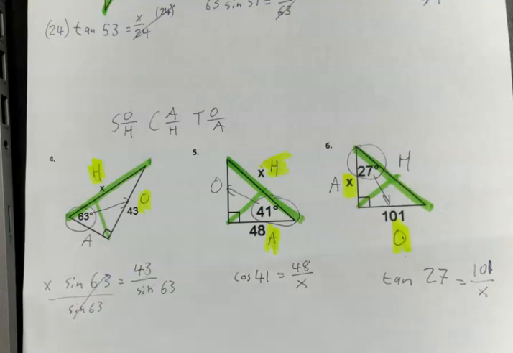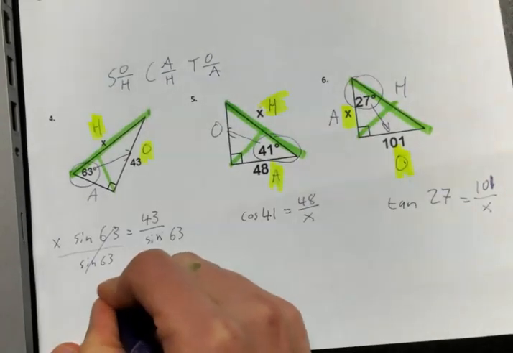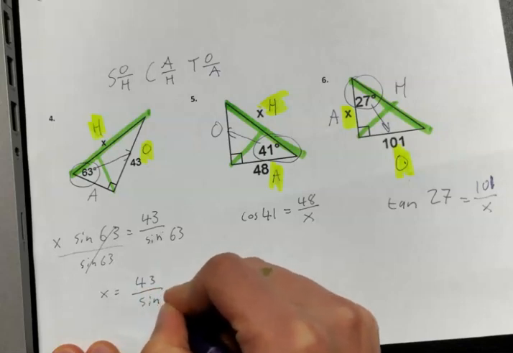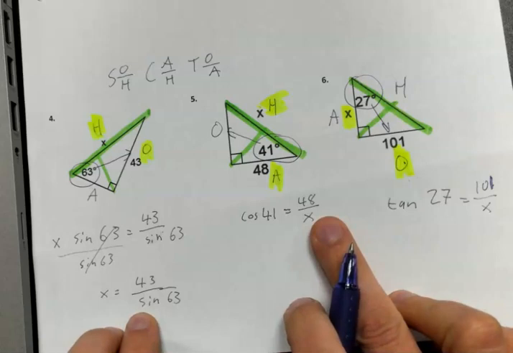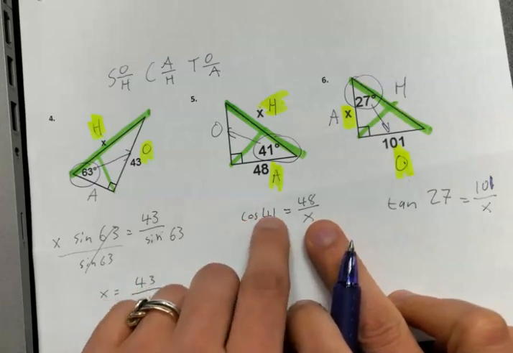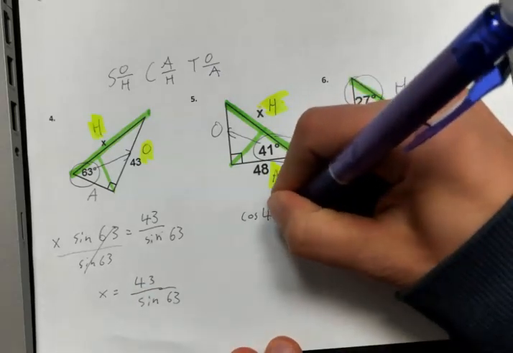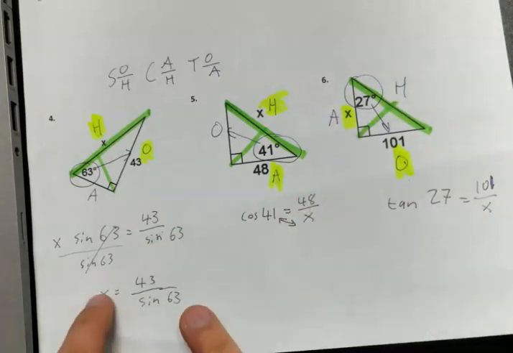All right, so when you have your x on the bottom, notice the way it looked at first, cosine of 41 equals 48 divided by x. All you're going to do is go ahead and swap. When your x is on the bottom, you're going to swap. That's what we ended up with here.